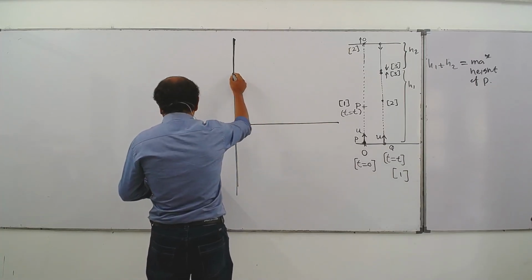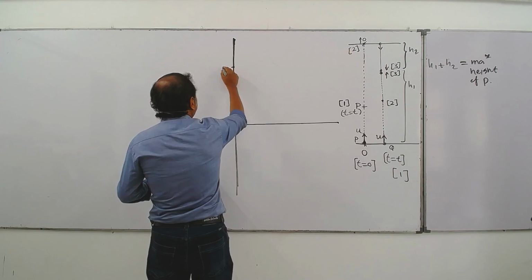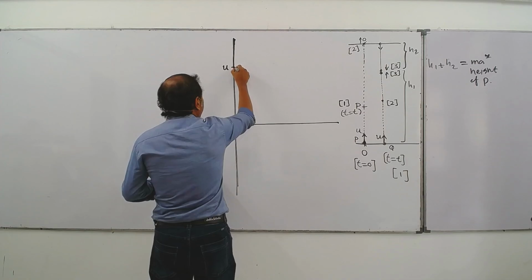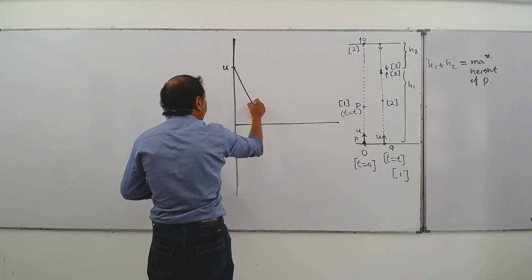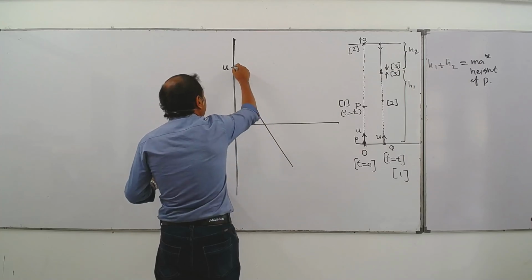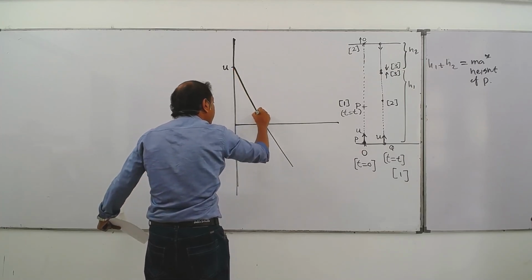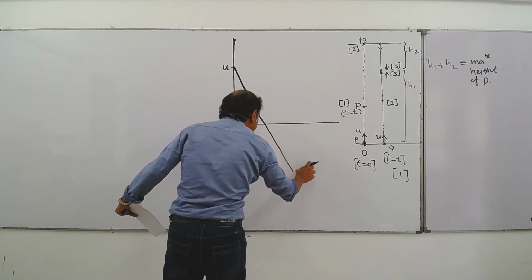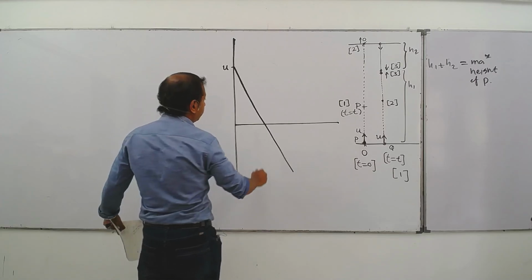Here, the first particle P is projected with velocity u. This way we can see its VT graph.